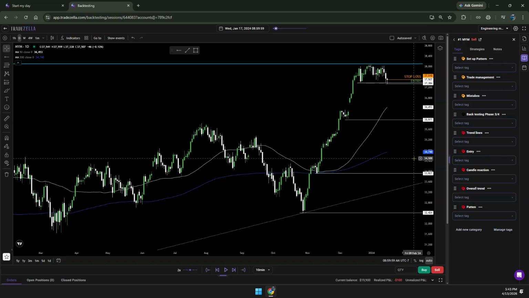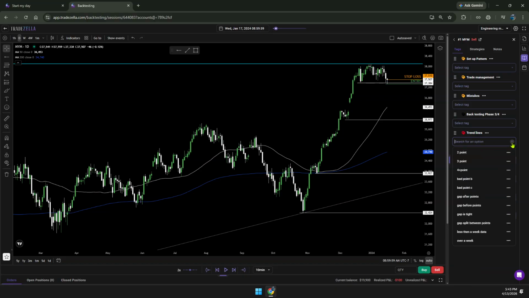You're going to do your screenshots with a little markup so you know where you entered and where you got knocked out. You want to add your tags. Now I had a trendline trade, so I wanted to know, was it a 2 touch point, 3 touch point, all these things. Was the gap tight?